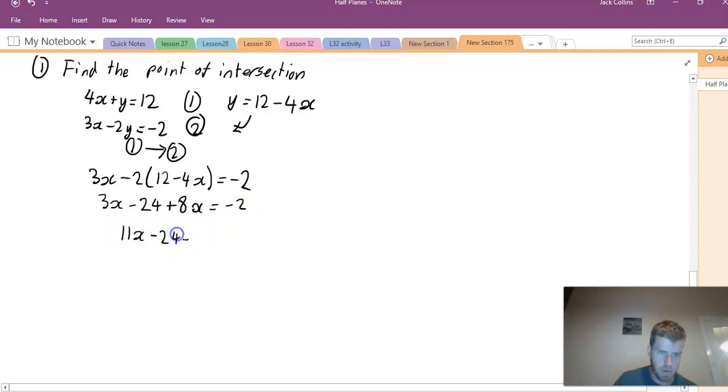11x minus 24 equals negative 2. Add the 24 to negative 2, which would be 22, and x would be equal to 2. So when x equals 2, substitute back into the first equation here. So sub into 1 to find our y value.